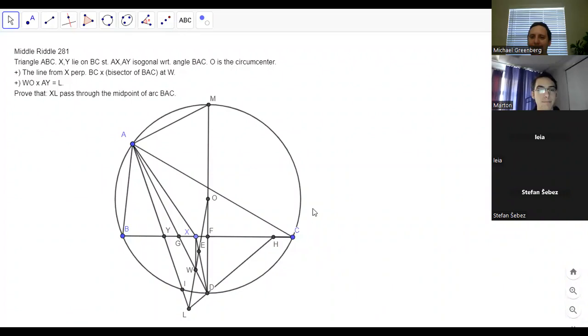Brian says he thinks he solved the problem, but it doesn't work with the way I drew it. So his solution would work if X is on this side and Y is on the other side. Do you guys want to redraw the figure?